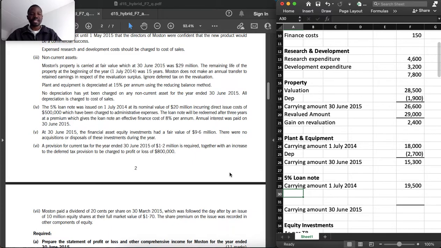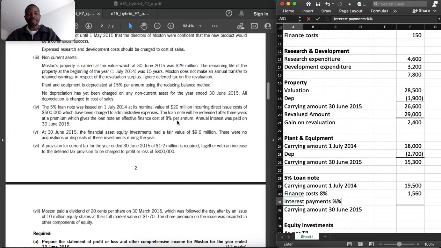by reducing our administrative expenses by 500. Now on this carrying amount of the loan, we need to add the finance cost. We are told the effective rate is 8%. So we multiply that by 8%. From there, we need to subtract the interest payments. How much should be the interest payment?